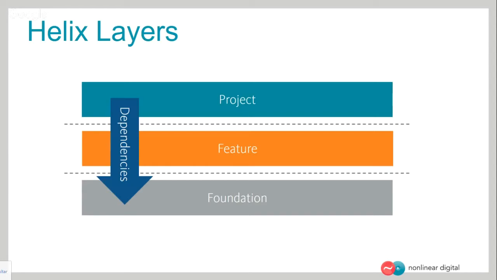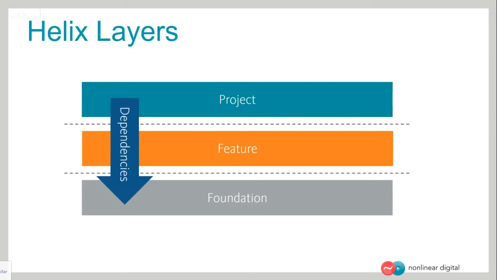It's where you put the things you do for the project itself. The feature layer is where your features are going to be implemented. So if you have a news module, it will be in the middle layer, in the feature layer. And the foundation layer is where you put things that are not going to change very often.